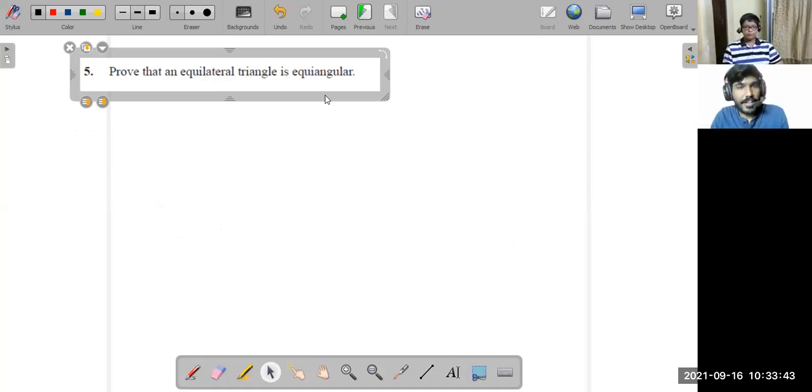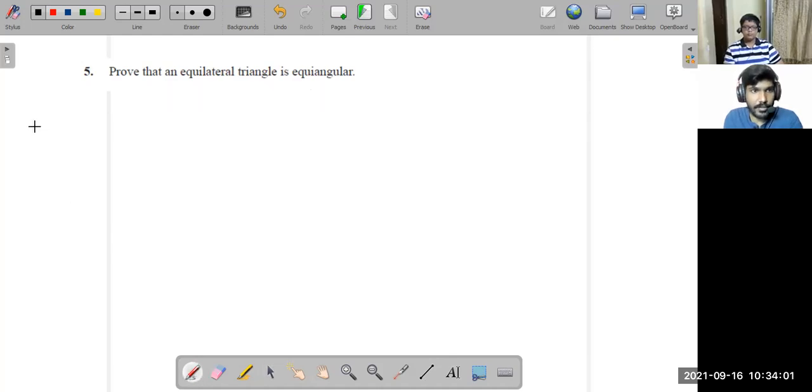Okay, next you have to prove that an equilateral triangle is equiangular. What do you mean by equiangular? All angles are equal. Yes, all angles are equal is called equiangular. You have to prove this now, that in an equilateral triangle, all angles are equal.